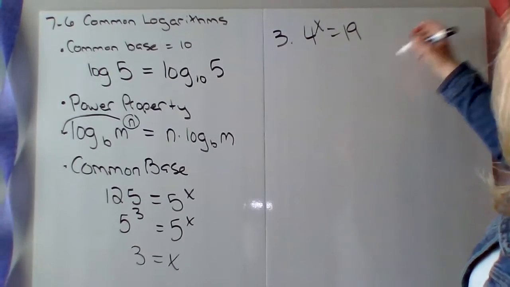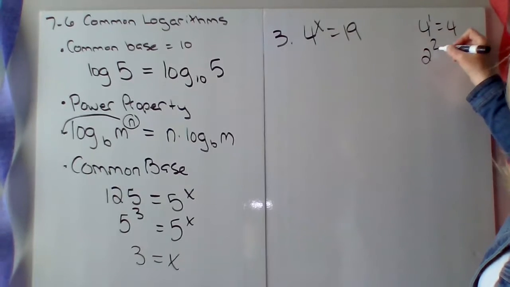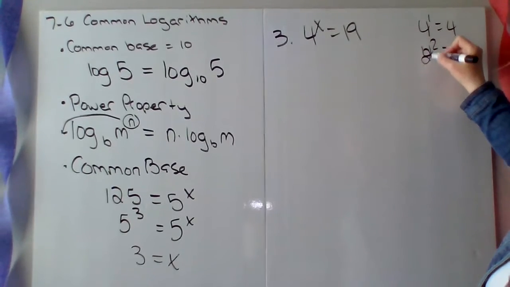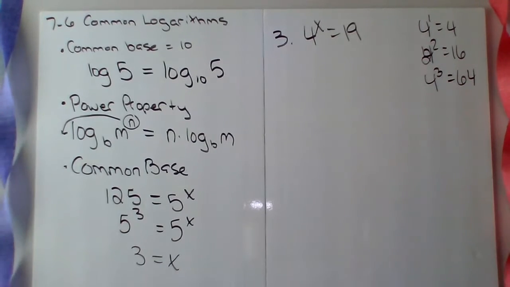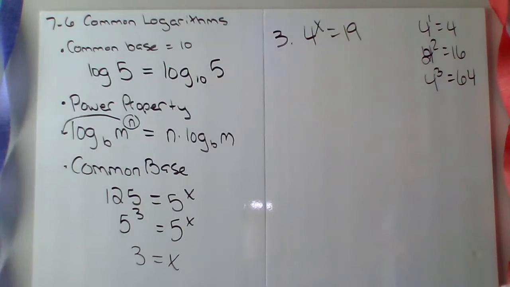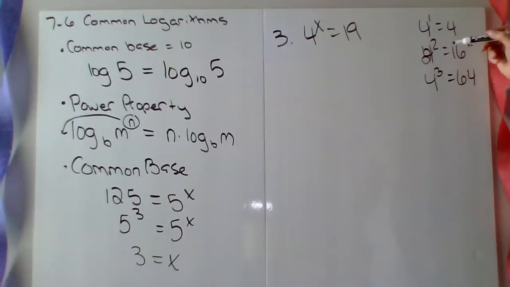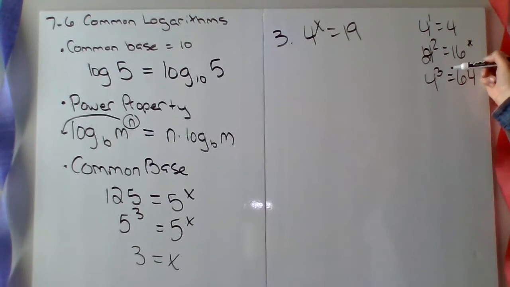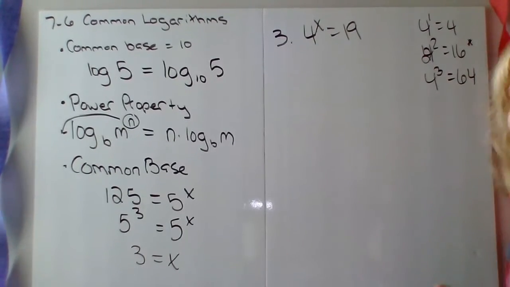So you would try, 4 to the first is 4, 4 to the second is 16, 4 to the third is 64. So we can't write 19 using a base of 4, but it looks like our answer is going to be kind of close to 2. So this is a good way to ballpark an estimate. I'm expecting my answer to be 2 point something.